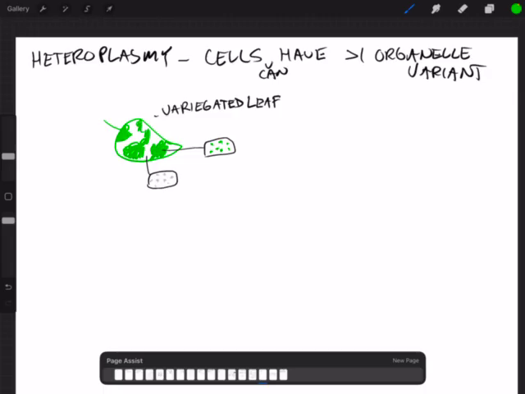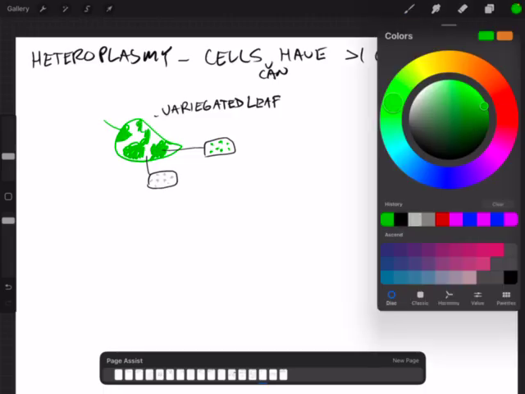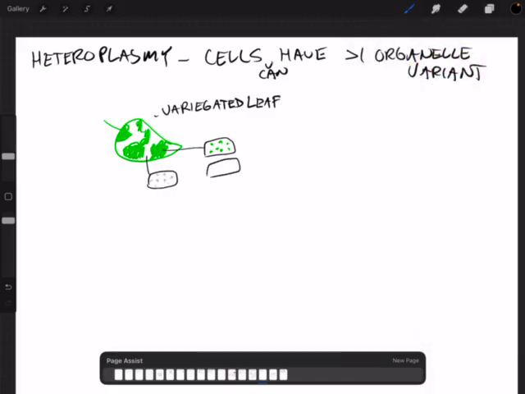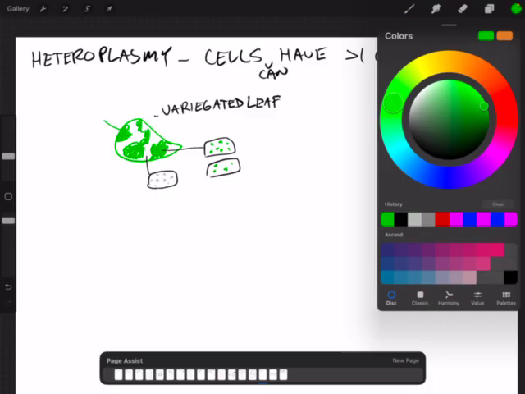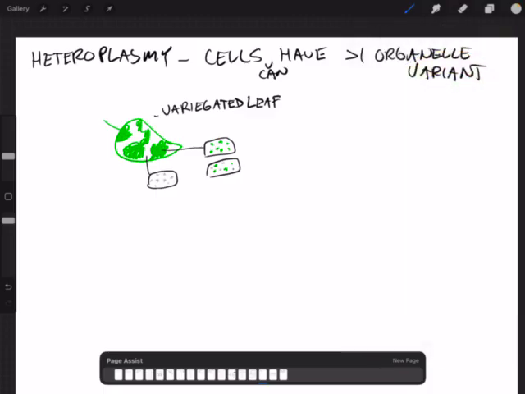They can be like this, where they have an entirely one type, or it can be sort of an intermediate that contains a mixture of the darker chloroplast and the lighter chloroplast. But that's basically what's happening in a variegated plant, is that certain cells have more or less of the two chloroplast variants, the one that's either really dark green or the one that's light.